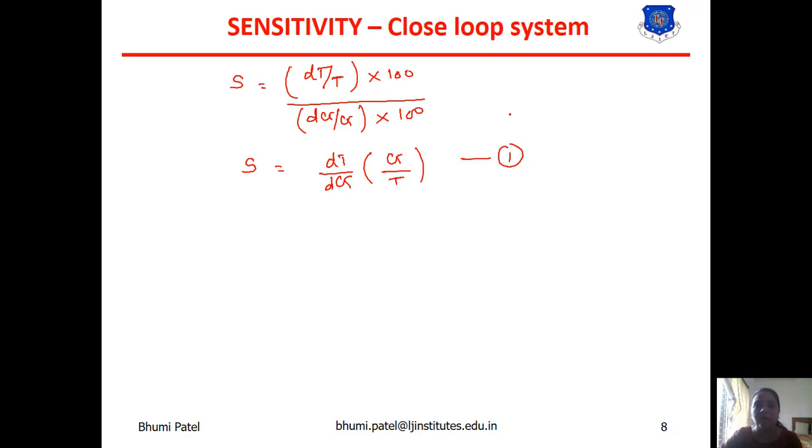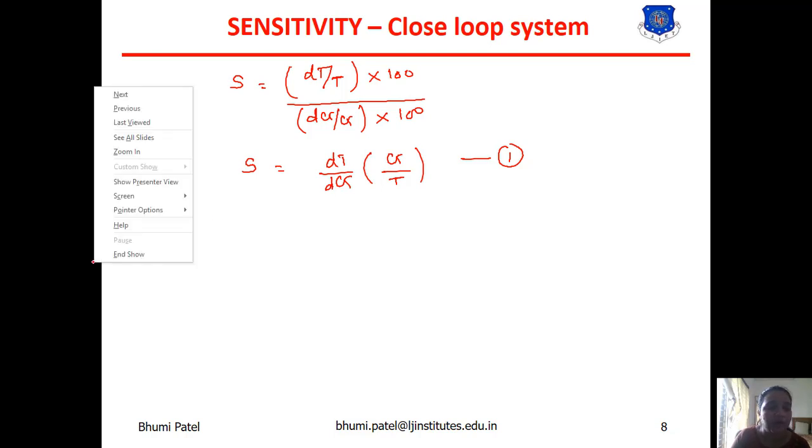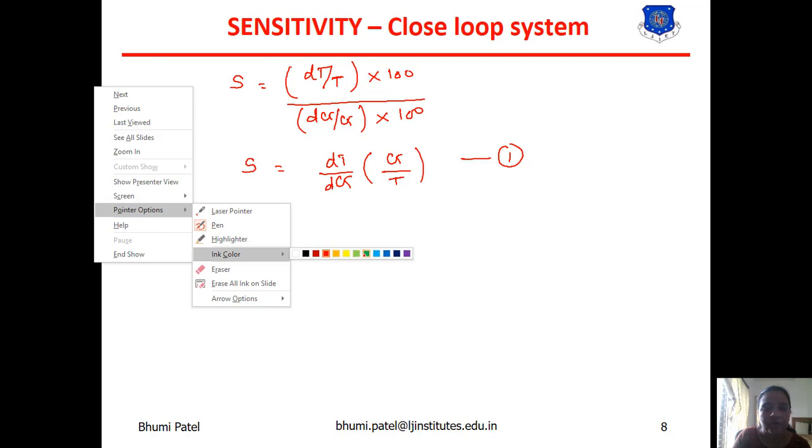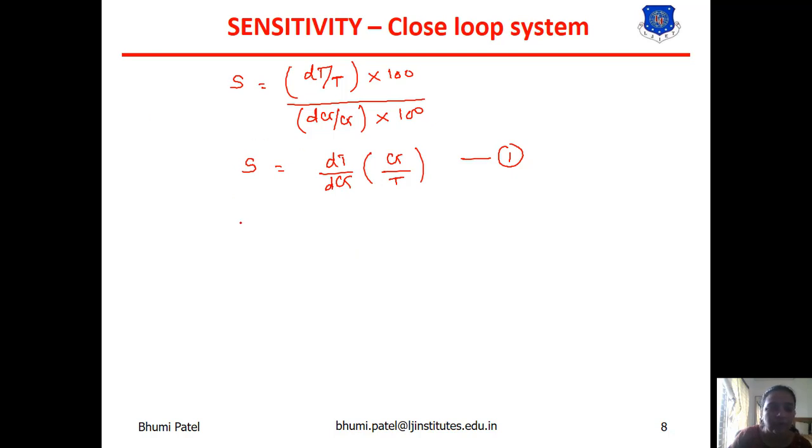Now we already have the equation for the transfer function T. And what is the equation of T? T is equal to G upon 1 plus GH.